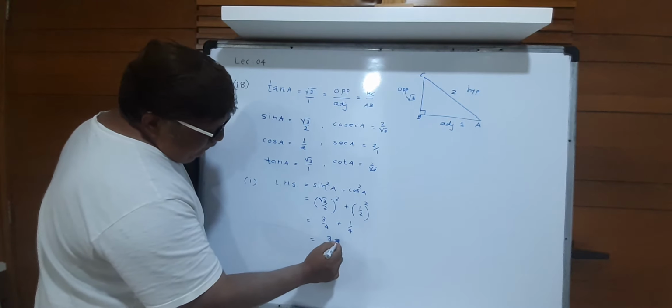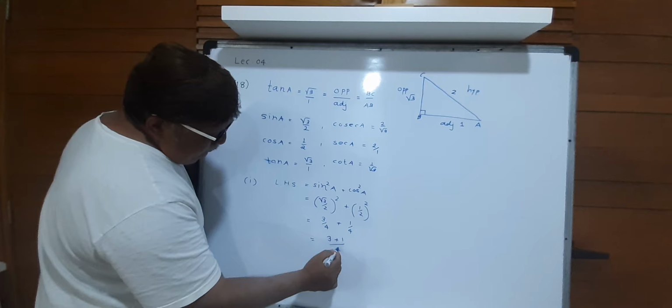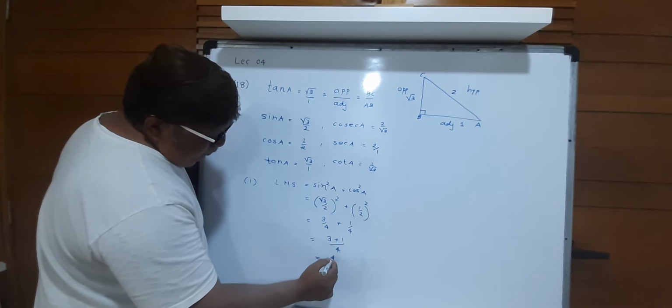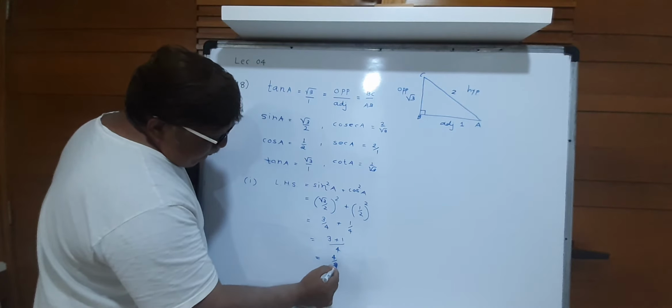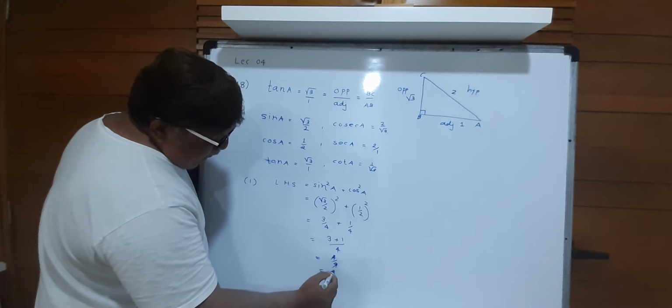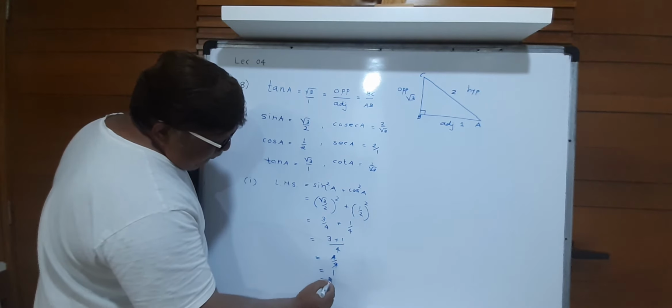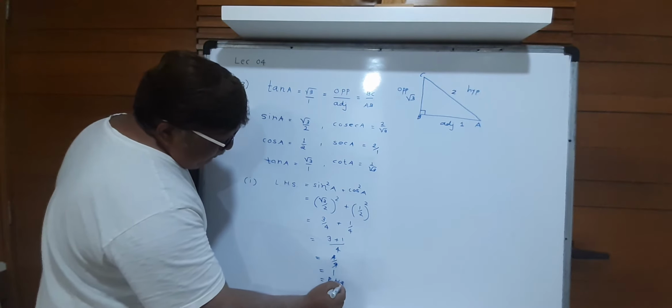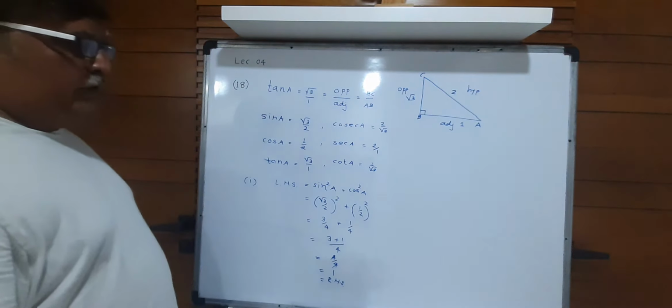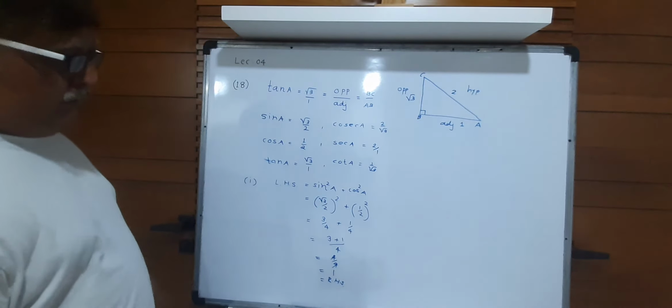Common LCM, so you got 4 upon 4, cancel. You got 1. You got RHS. LHS equal to RHS.